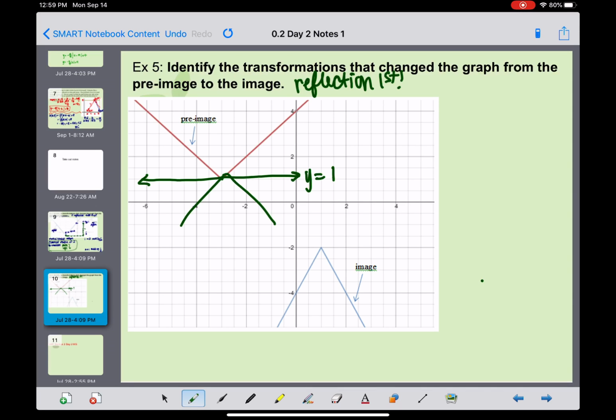I will write down one of them, but kind of talk through the other one. Okay, so our reflection over y equals 1 does not move the vertex, so our translations stay the same. Okay. If you reflect over the x-axis, your translations will be different numbers. All right, keep that in mind.